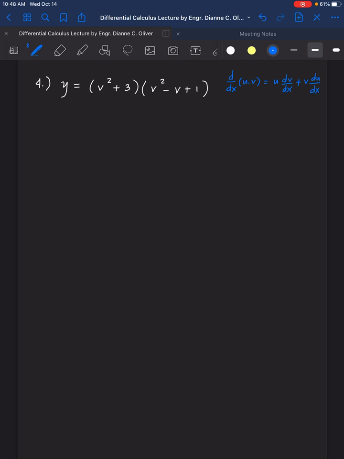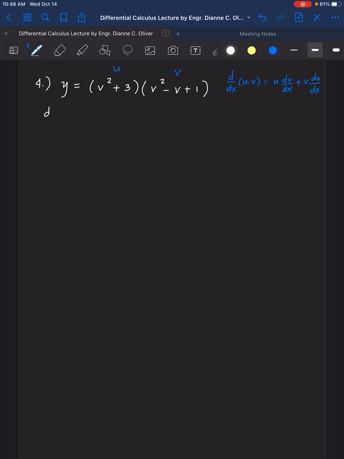So that is the pattern, right? So let's use that pattern. So here, you have u here as b squared plus 3, and then you have b as b squared minus b plus 1. So that is our pattern.